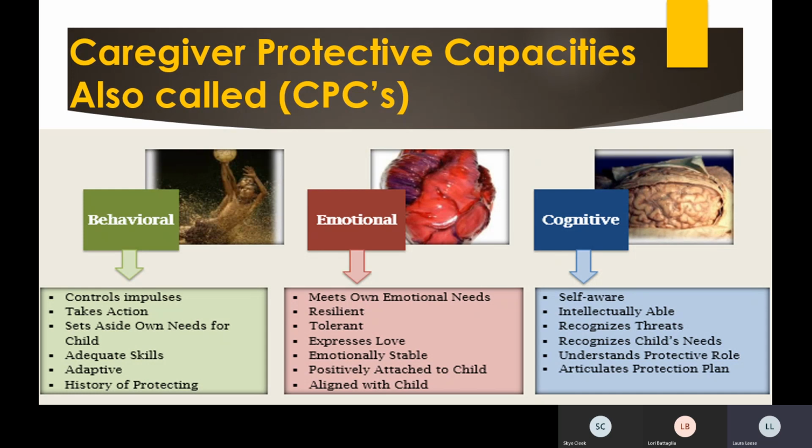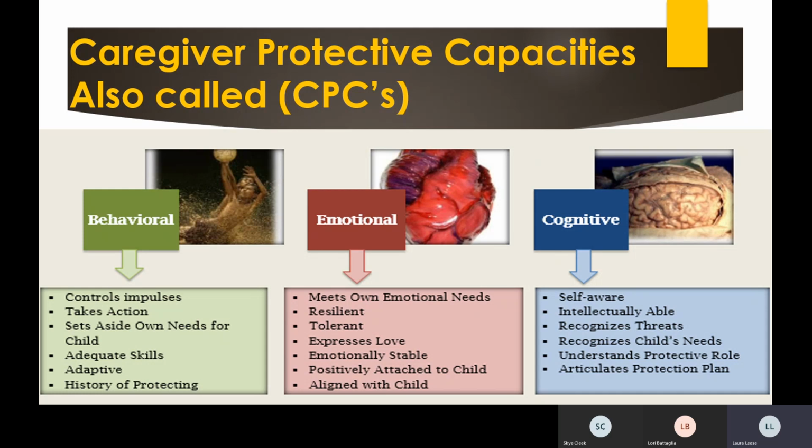So again, I'm going to go through each one of these, and it is as it relates to the protection of the child. So, are they meeting their own emotional needs for the protection of their child? Are they resilient so they can protect their child? Are they tolerant?